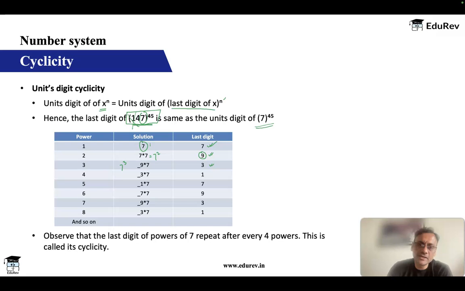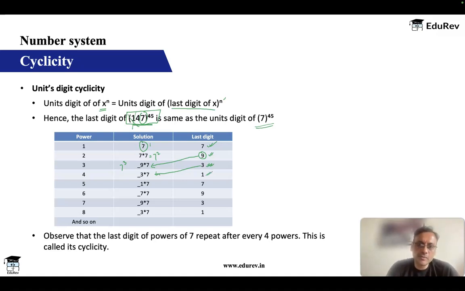For the next power, just multiply this 9 by 7. You don't have to do the whole of 49. Just multiply 9 by 7 and you will get 63, or 3. For the next power, multiply this 3 by 7, you will get 21, or 1. So you need not take the whole number. The last digit is good enough, and multiply it by the base to get the last digit of the next power.